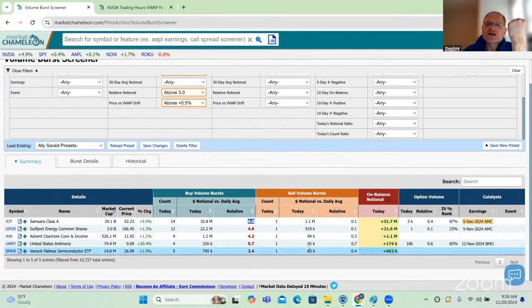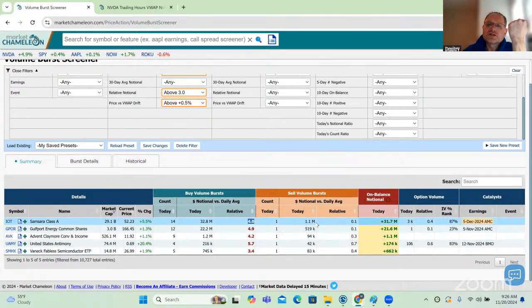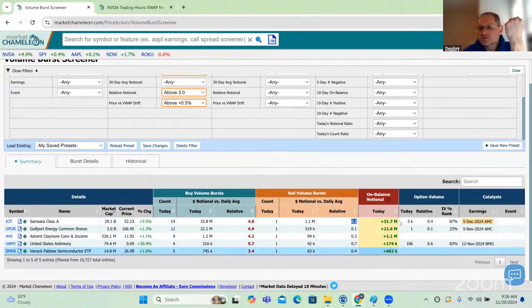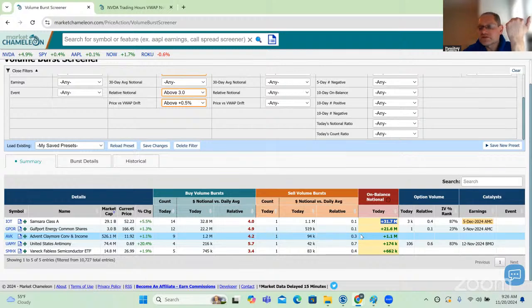On the sell side, we see only $1.1 million worth, and that's well below its daily average. So there's an imbalance of 31.7 million. So keep in mind, this is not typical for this particular stock.